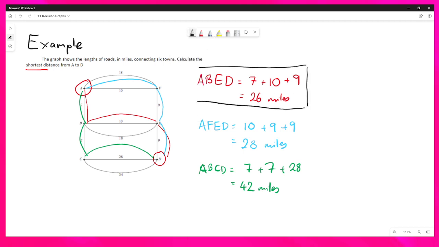But we might not want the shortest route. If these are representing, instead of towns, if A through to F represent states of a project, so at A you have completed a certain number of tasks, at B you've completed a certain number of tasks.